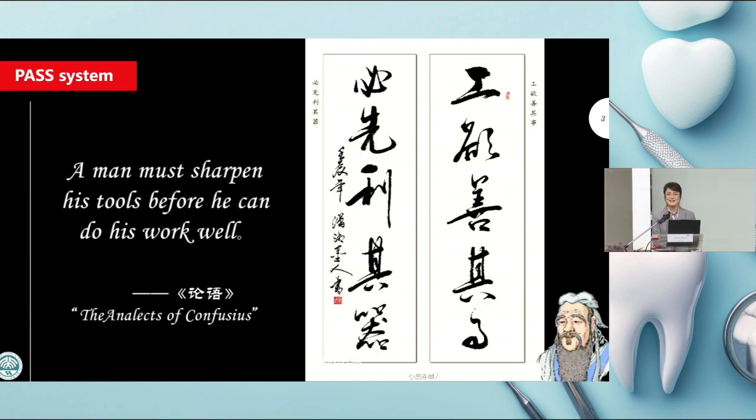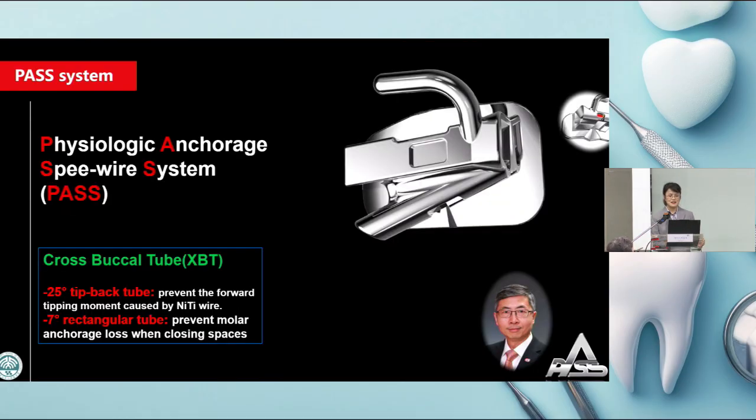Confucius said that a man must sharpen his tools before he can do his work well. Let's review our PASS system, the physiologic anchorage SPEE-WIRE system. The unique design of PASS is believed to have advantages in preventing molar forward tipping and physiologic anchorage loss.